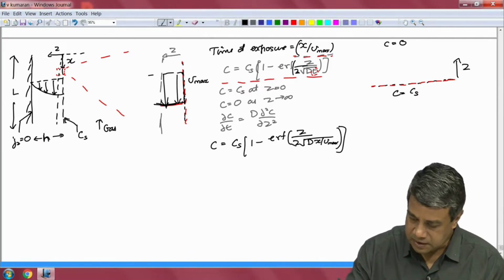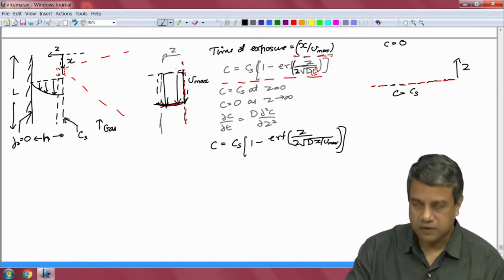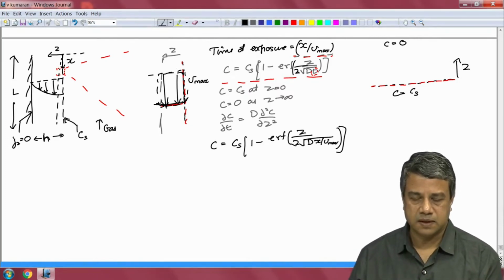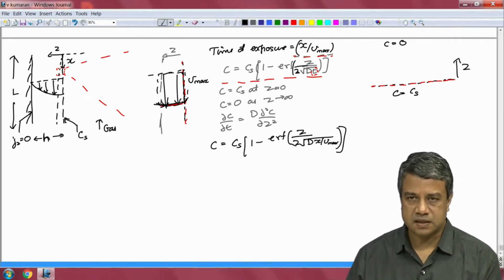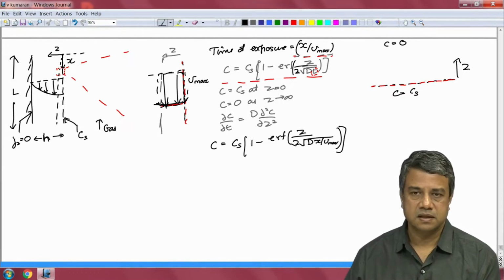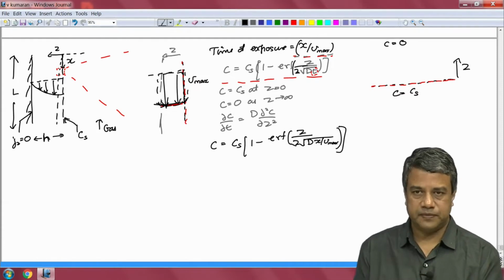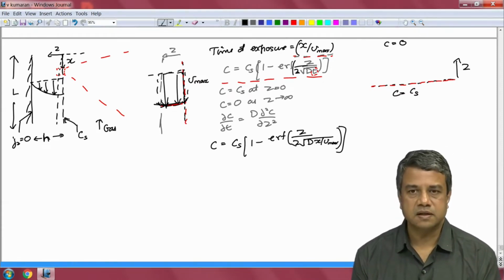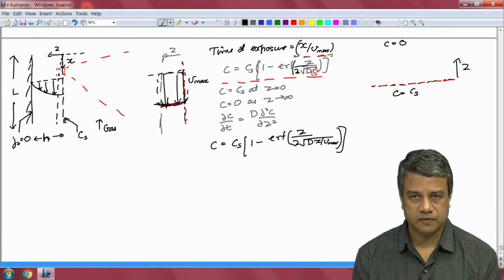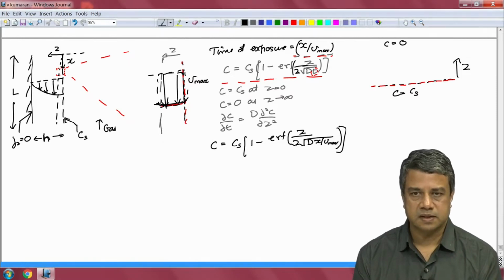If I look at the progress of this volume element of fluid as it goes down, when it has traveled a distance x along the flow, it has been exposed to the gas for a time which is x by V max, where V max is the maximum velocity at the surface. It is a constant velocity close to the surface, because the solution for the velocity profile is a parabolic profile which has a 0 slope at the surface, and therefore, close to the surface, over a distance small compared to the thickness, the velocity can be considered a constant.